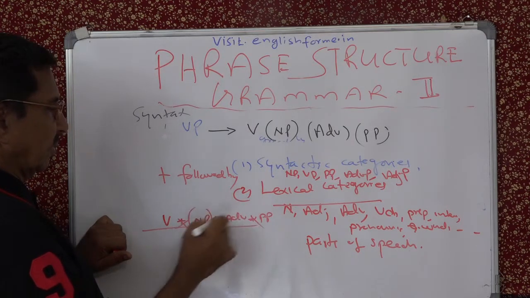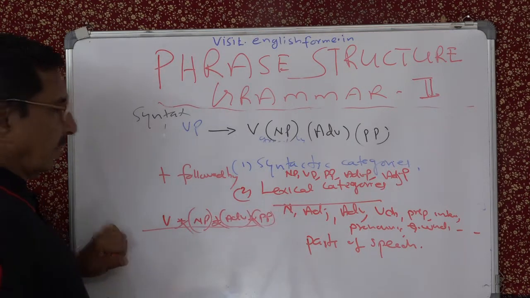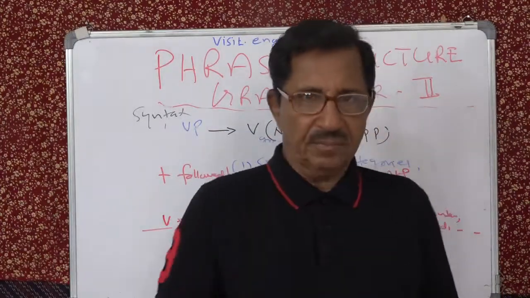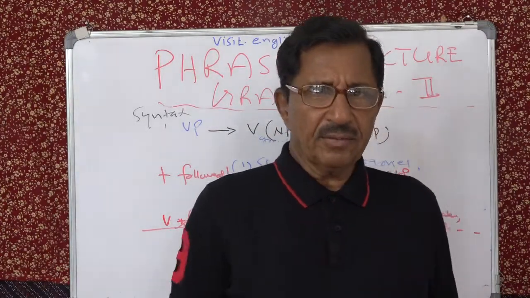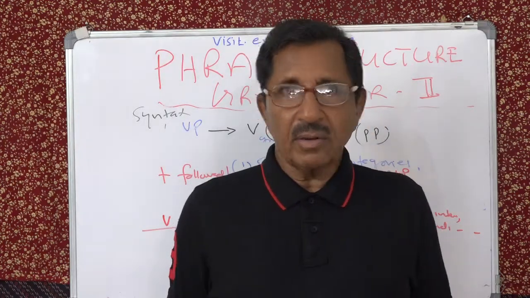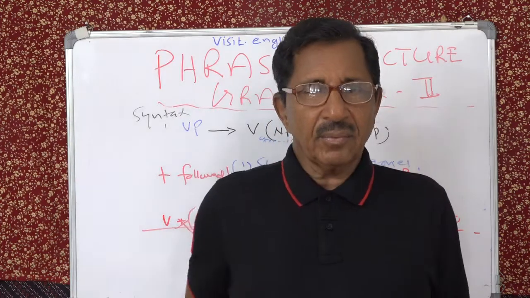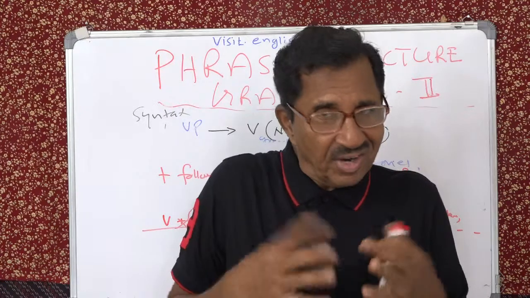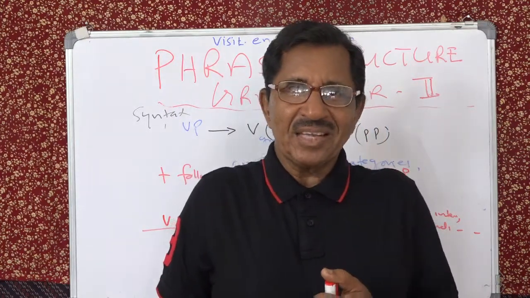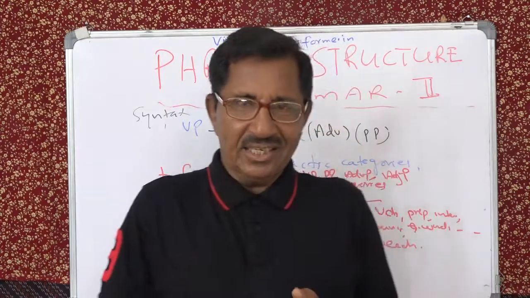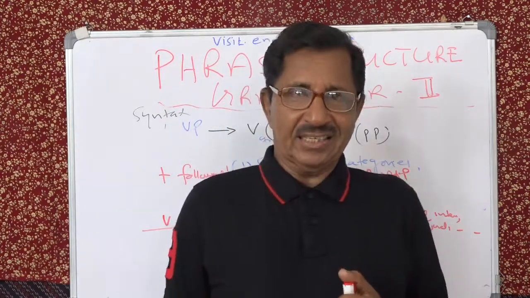But now this is not used. Instead of that, you put round brackets. Round brackets mean options. More scientific. Everything is becoming scientific, so phrase structure is also becoming so. That's why X bar. When you come to X bar, you will see it's a very refined, fine-tuned way of expressing these syntactic categories.